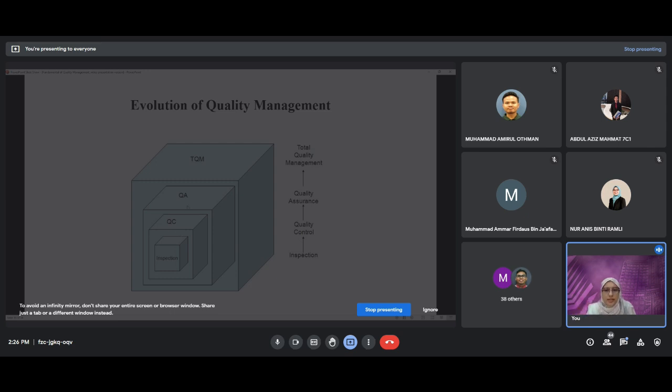If there is any deviation, one of the quality assurance processes is to improve the process. And then comes total quality management, which involves all these processes, from inspection to quality control and quality assurance. So in other words, total quality management involves all the processes of quality.